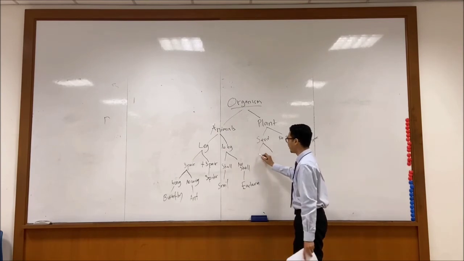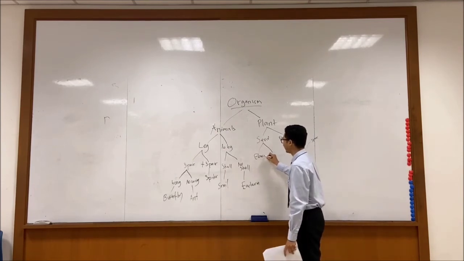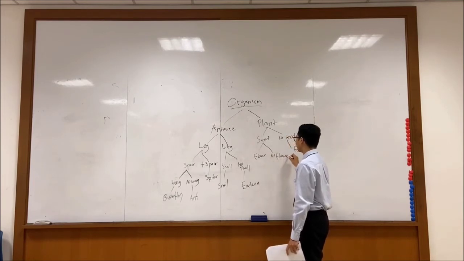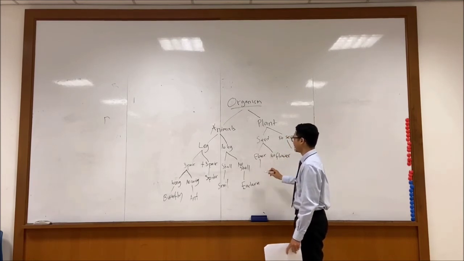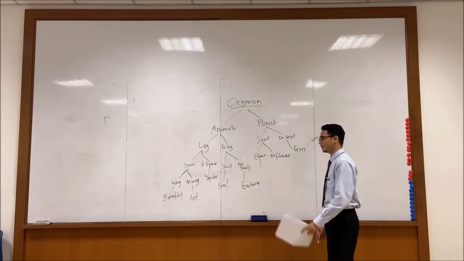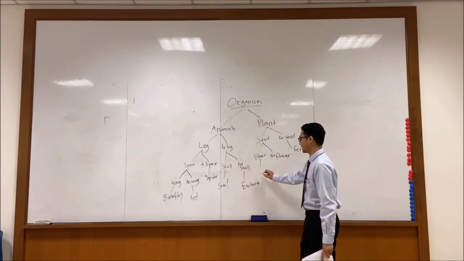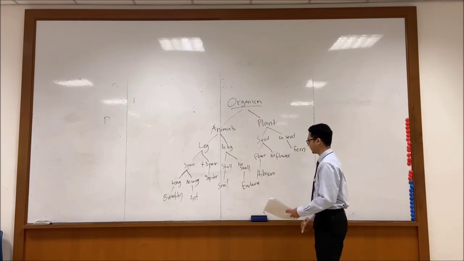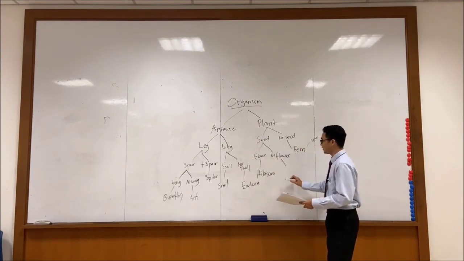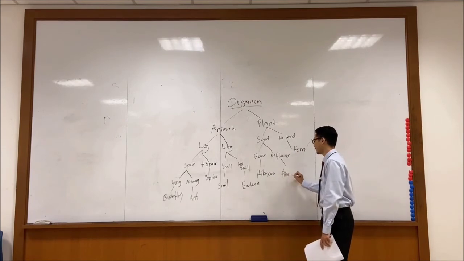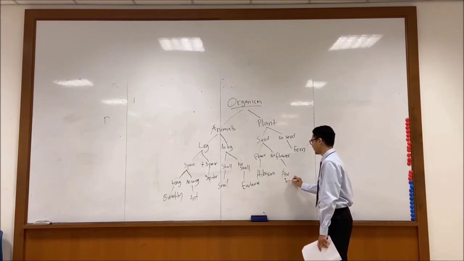The seed that has flower and no flower. So you can see the seed that has flower is, of course, yeah, that's correct, hibiscus. And lastly, the no flower is, yes, that's correct, pine tree.